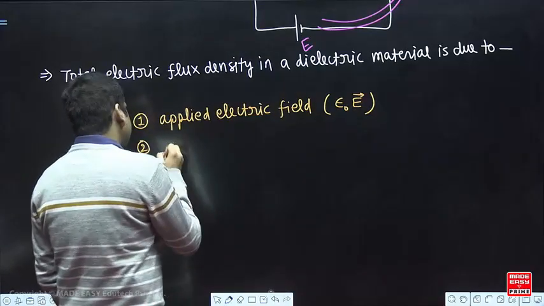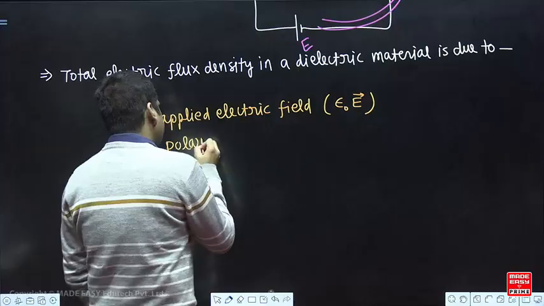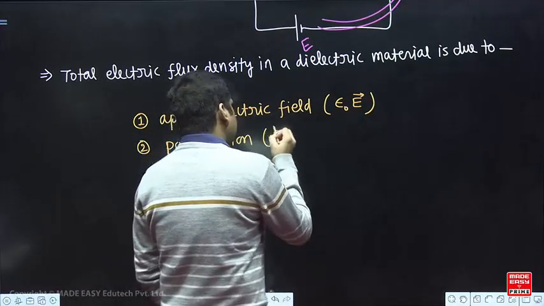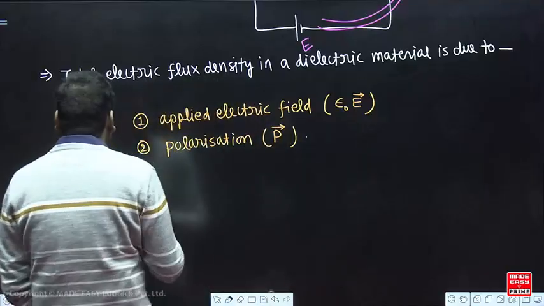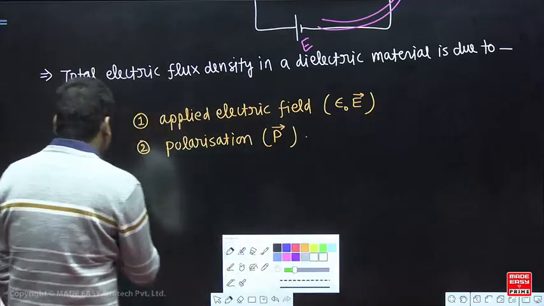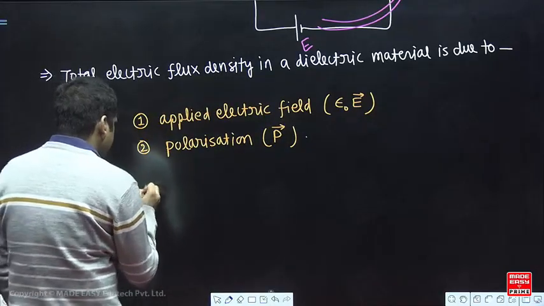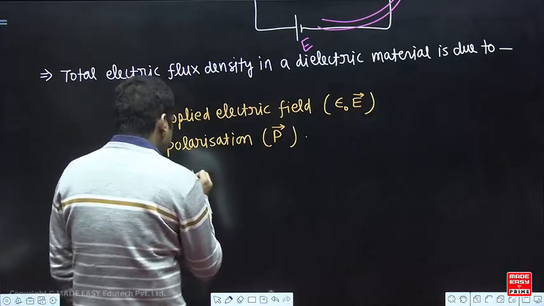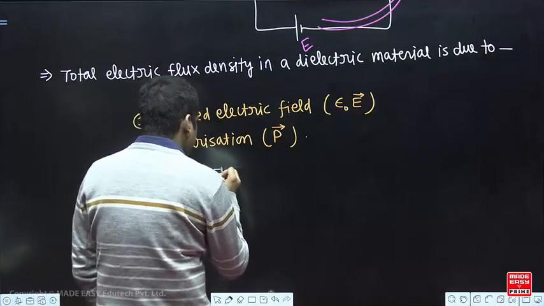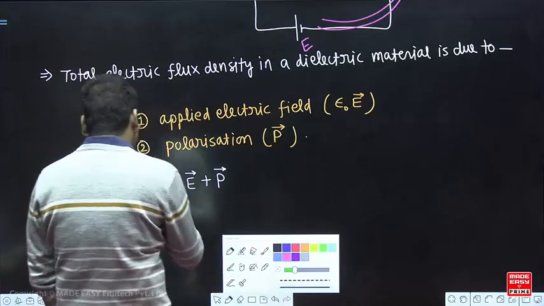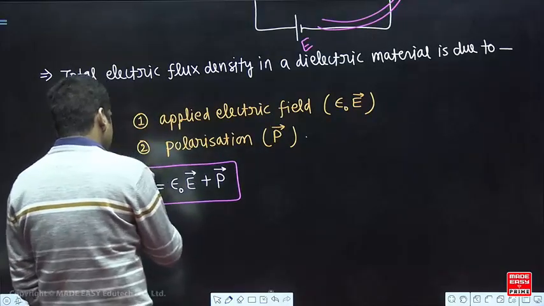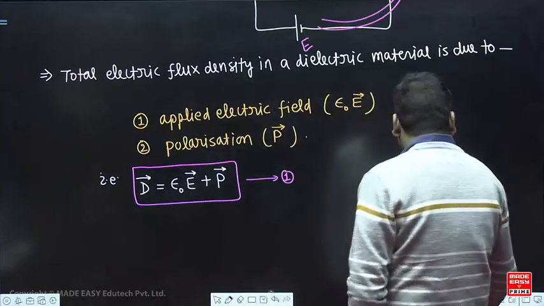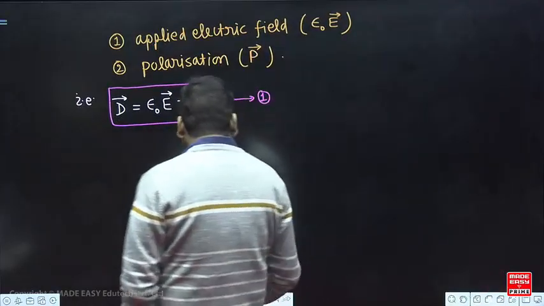Second one, पोलराइजेशन की वजह से जो वैल्यू आएगी दैट इज कैपिटल पी. So जो टोटल वैल्यू होगी इलेक्ट्रिक फ्लक्स डेंसिटी की, that is capital D is equal to epsilon naught E plus capital P. This is equation number 1.